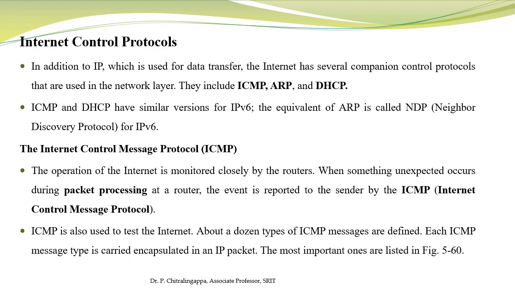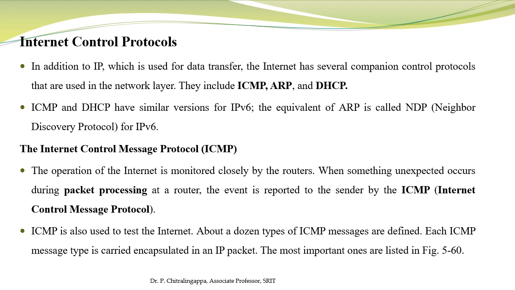And for the internet control protocols, there are three important protocols: the ICMP protocol, the ARP protocol, and the DHCP protocol. The ICMP protocol is used when something unexpected occurs during packet processing at a router. The event is reported to the sender by an ICMP packet.